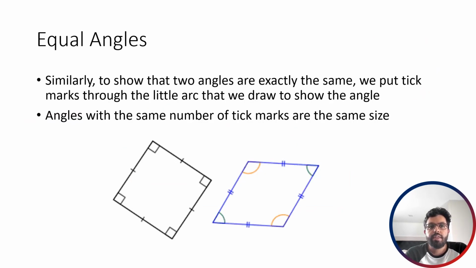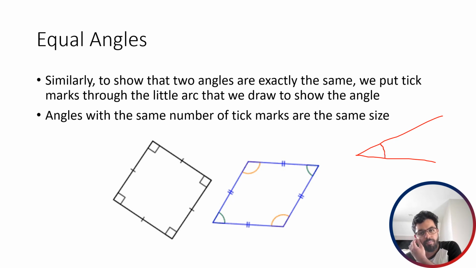And similarly with equal sides, there's also a way to denote equal angles. And we'll talk about angles more and how we describe and classify angles in the next lesson or two. But for now, I just want to talk about showing that two angles are the same. So you saw before when I was drawing those angles, I'd have my line segment here, I have my line segment there, and I draw this little arc, this little part of a circle in between them.